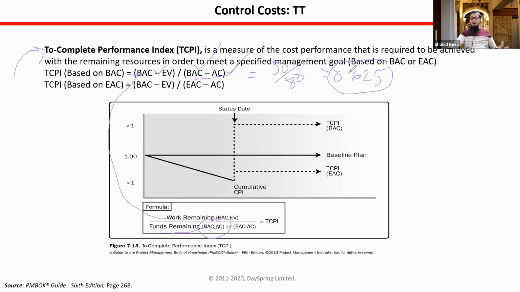See, our performance was 1.25, but to finish the project within budget, we are performing worse on the next tasks, right? So that's why the TCPI is now 0.625. In this way, if we move for the rest of the project, we will consume the total budget, BAC. But management will not approve this, right?